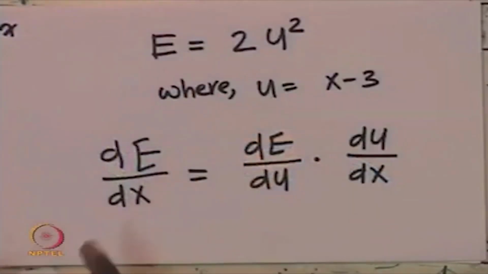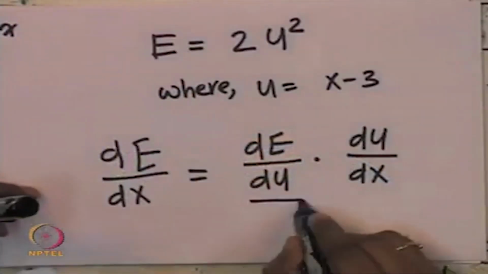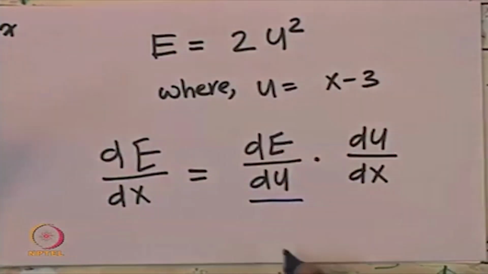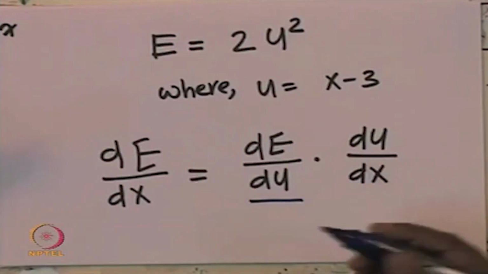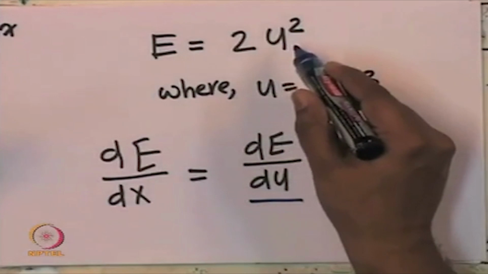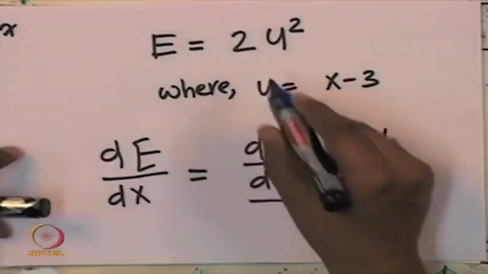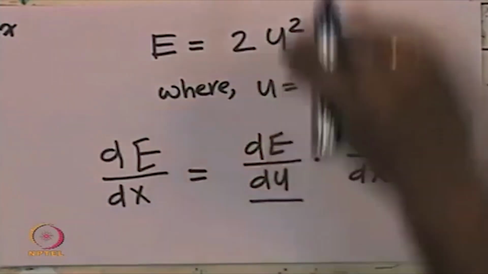Let us first find dE by du. E is 2u squared. This is like what we learned, kx to the power n, so the derivative of u squared is 2u. Let us write this a little more carefully.